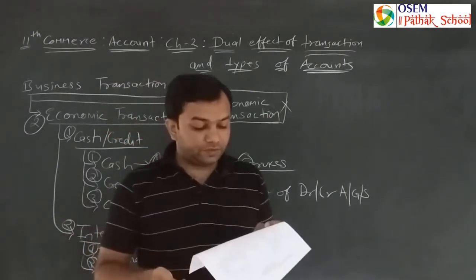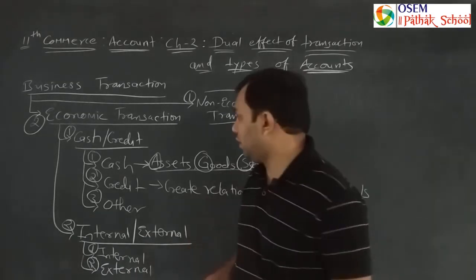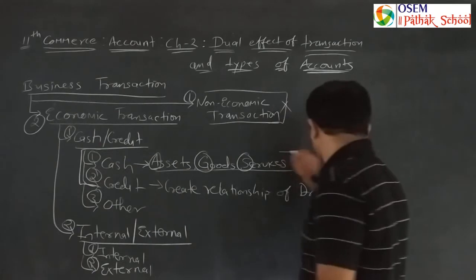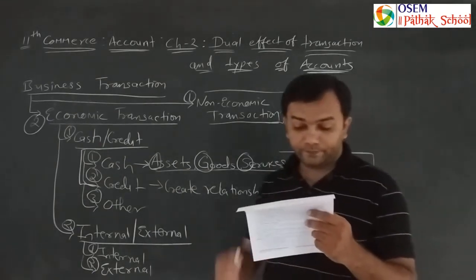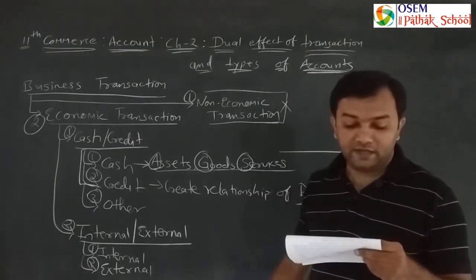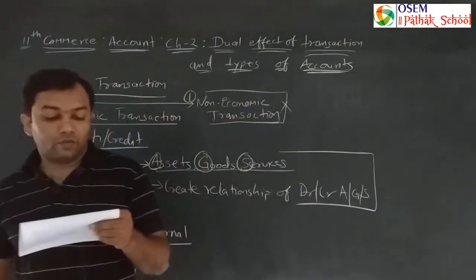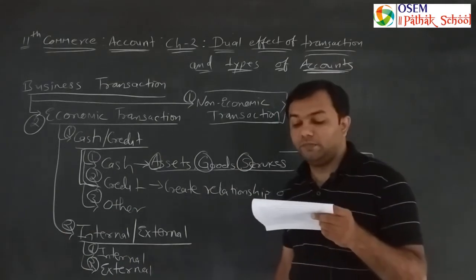Out of these two conditions, if any one condition is fulfilled, the transaction can be measured in terms of money and consequently that transaction becomes an economic transaction. The core characteristic of an economic transaction is its value in money.